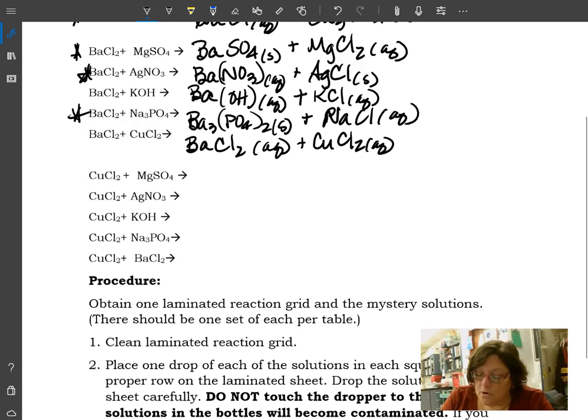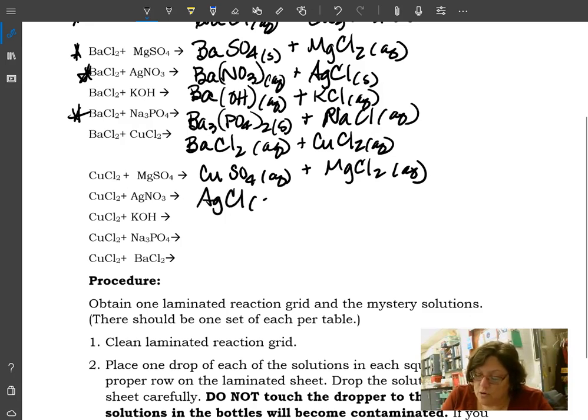Next, copper 2 chloride and magnesium sulfate. Copper 2 sulfate: sulfates are almost always soluble. Magnesium chloride, soluble, except for PMS. Copper 2 chloride and silver nitrate. We'll get silver chloride, which will form a precipitate, and copper 2 nitrate, which will be aqueous.